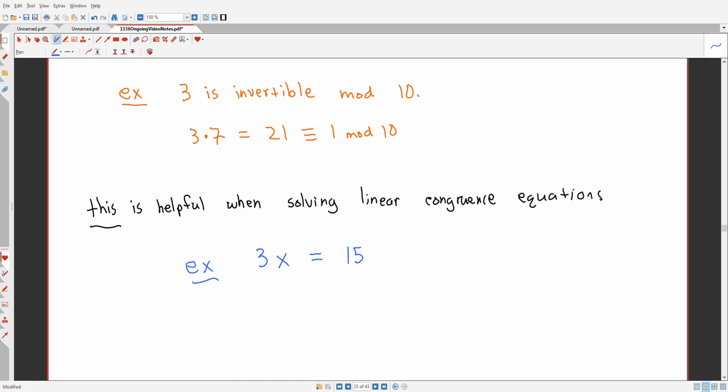And when you guys were first learning some algebra, maybe in kindergarten or something, but whatever grade it was, what you would probably do is divide by 3 on both sides, right? And so when you said divide by 3, that's one way to say it. You would get x now equals 15 divided by 3, so x would equal 5.